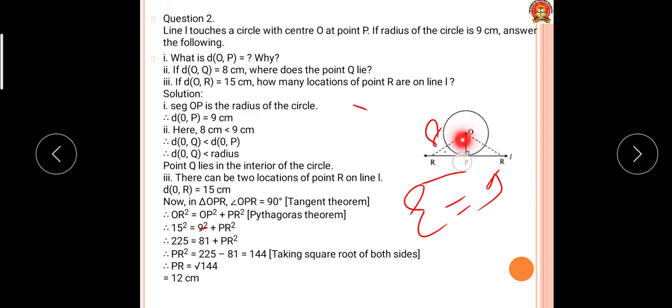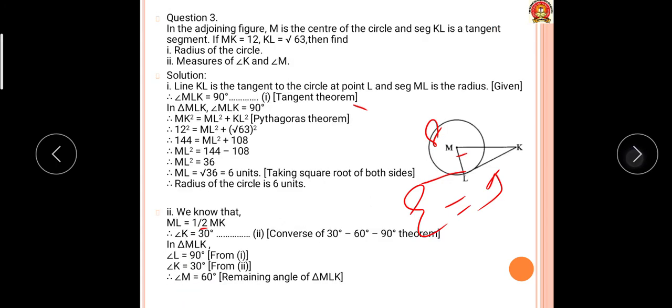and therefore OP is perpendicular to the line L. And so if you are observing this, OPR is a right angle triangle, and therefore OR square is equal to OP square plus PR square. By calculating, you will get PR is equal to 12 centimeter.